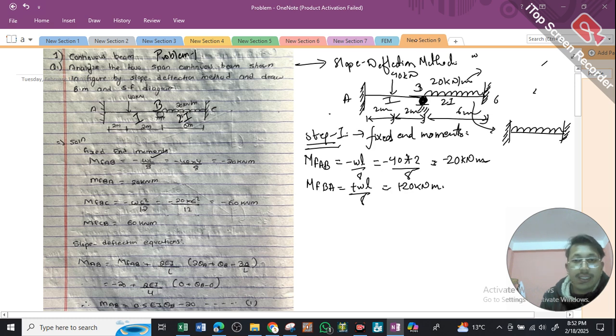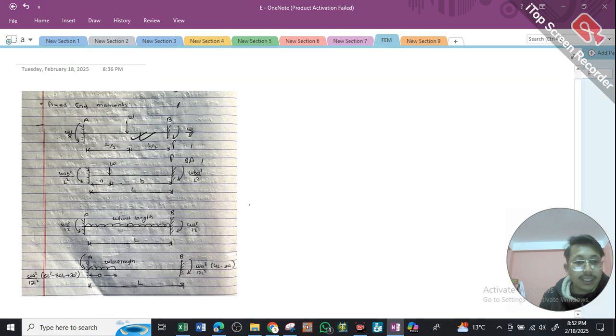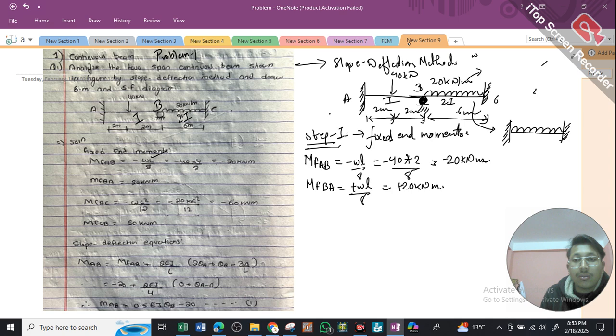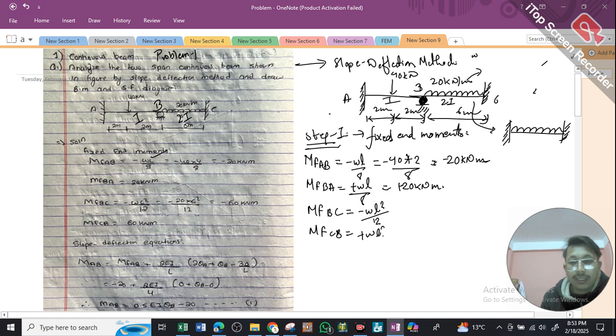For this case, we look at the scenario where the UDL is acting uniformly over the whole span. The formula is minus WL square by 12 and plus WL square by 12, for MFBC and MFCB, the negative and positive signs following anticlockwise and clockwise.